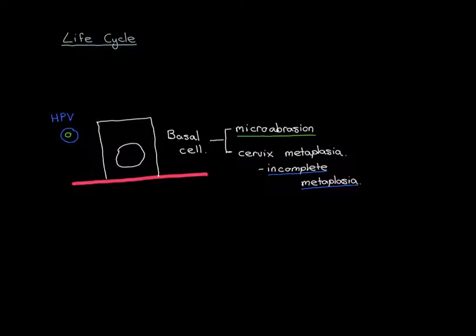What we do know is that it takes hours and hours and hours for the human papillomavirus, having got to the basal cell, to actually get into the basal cell. And that little fact is actually going to be crucial, we think, to why human papillomavirus vaccination is effective, but you'll have to wait right until the end of the video to hear more about that.